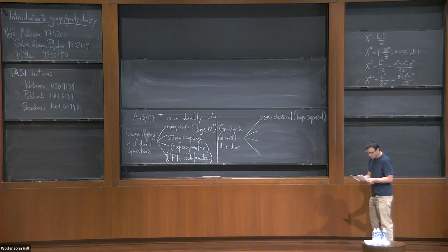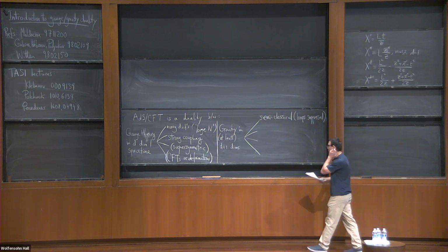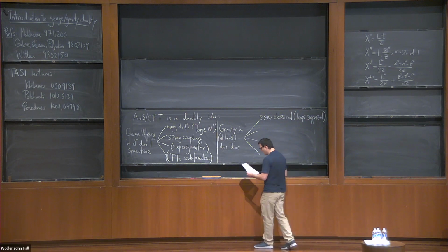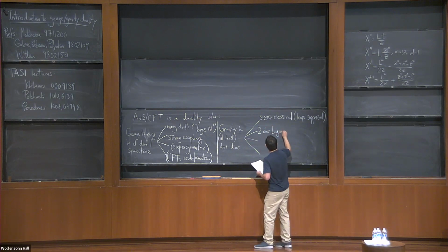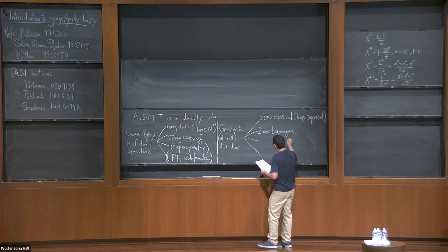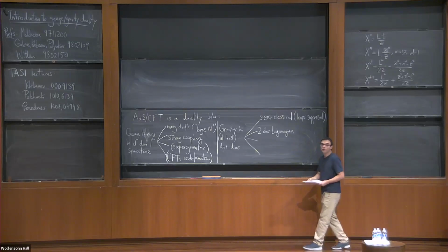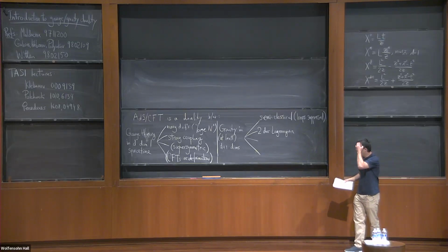Strong coupling translates into having a regular gravity theory with two derivatives, so a two derivative Lagrangian. So higher derivatives in the Lagrangian would be suppressed as well.